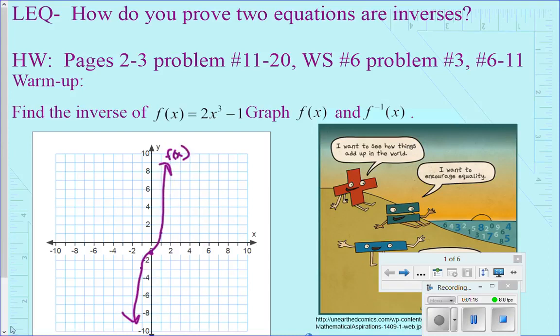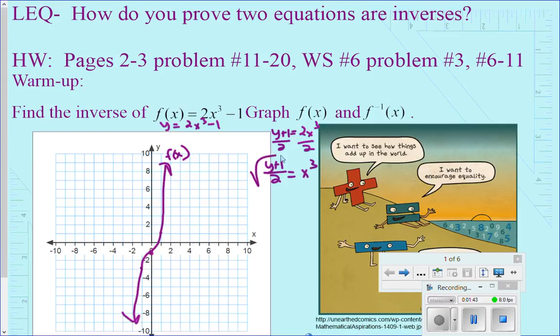Okay, next we are going to find the inverse. If I have y equals 2x cubed minus 1, I'm going to add 1. I'm going to divide by 2. That leaves me y plus 1 over 2 equals x cubed.